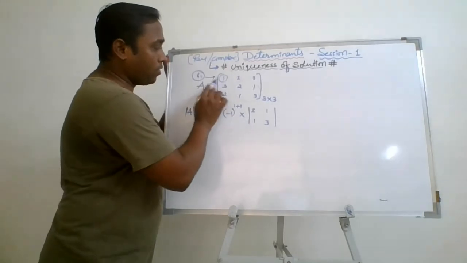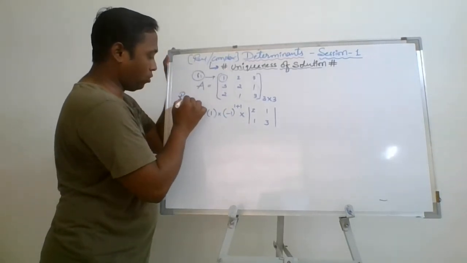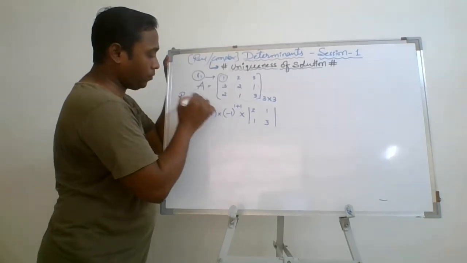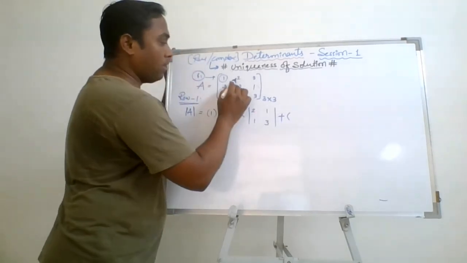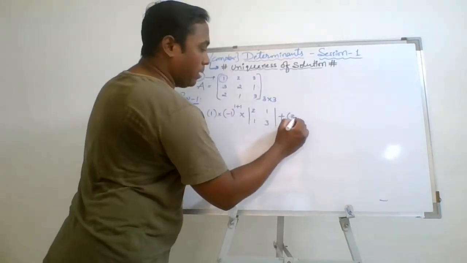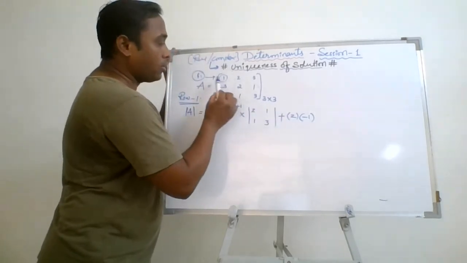With the help of row 1, I am expanding through row 1. Okay, so now plus. What is the next element we have? 2. So element 2 into minus 1 to the power of its row and column.